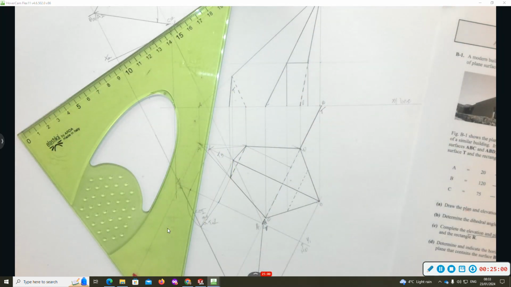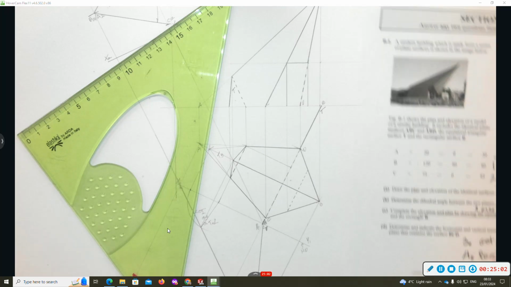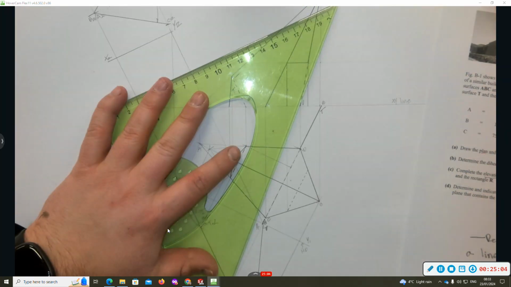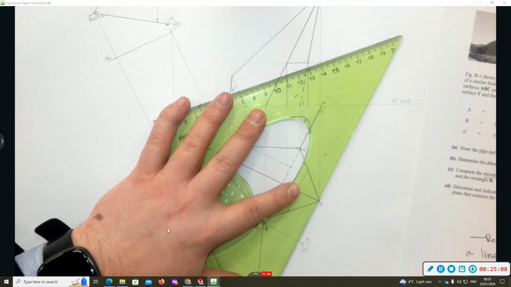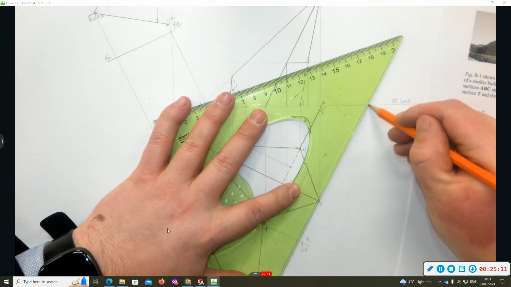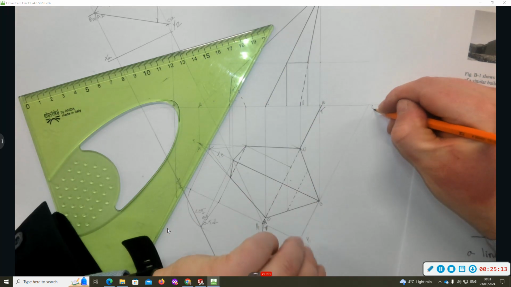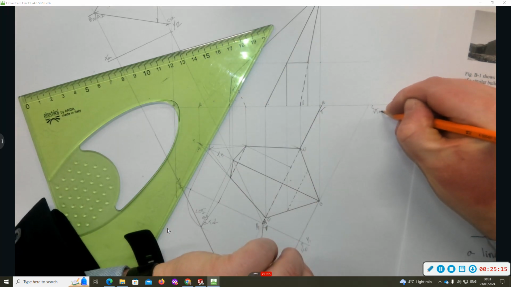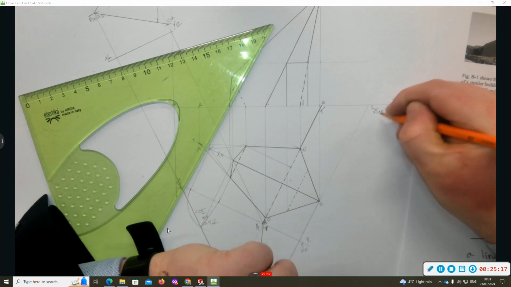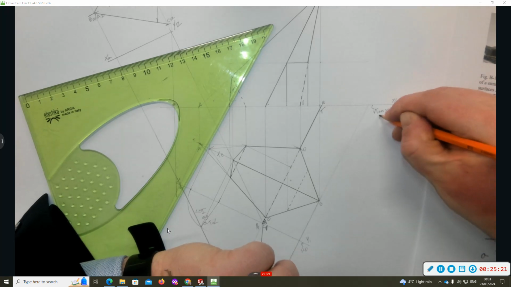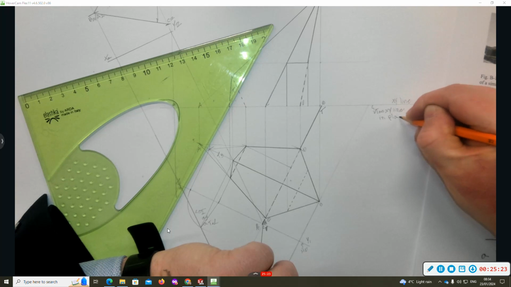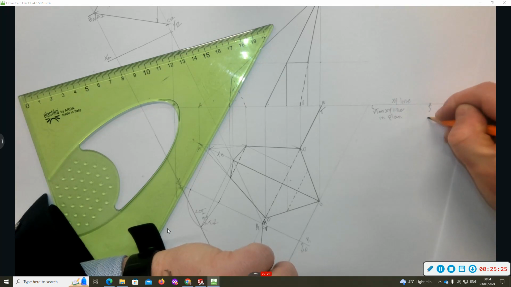Now, parallel lines are parallel in every orthographic view. So I'm going to draw a line parallel to B in plan. And the VT is on the XY line in plan, because the XY line is the VP.